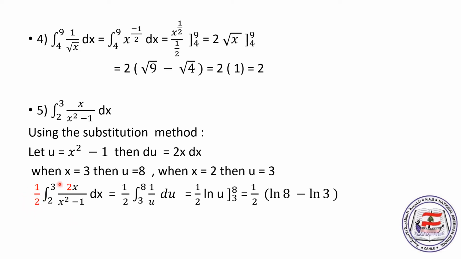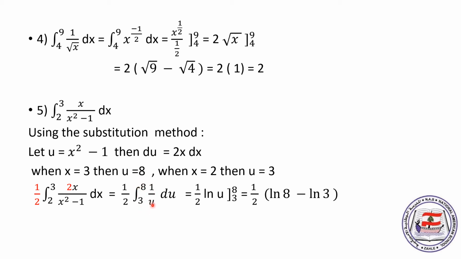So the integral will be in the form of half integration of du over u, since we replace 2x dx by du, and x squared minus 1 by u, and the lower boundary by 3, the upper boundary by 8.